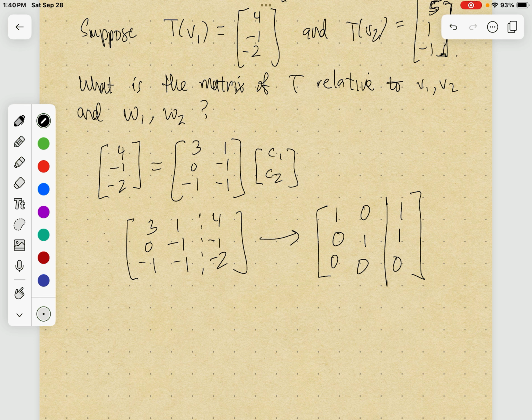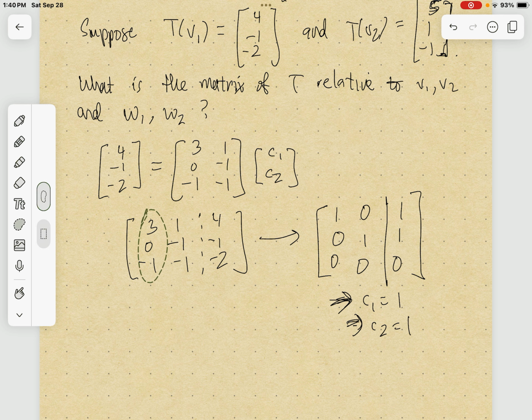And so therefore C1 is 1 and C2 is 1. And you can even check that this is in fact true, because if you take this first column and then the second column, you do in fact get T of V1.